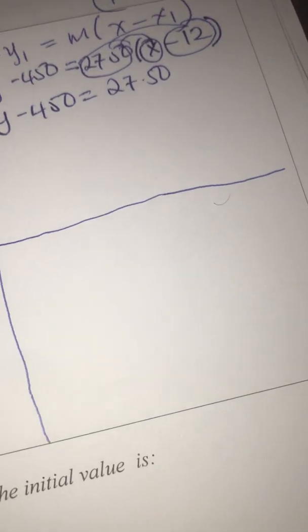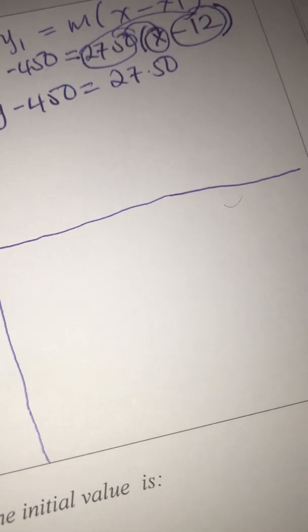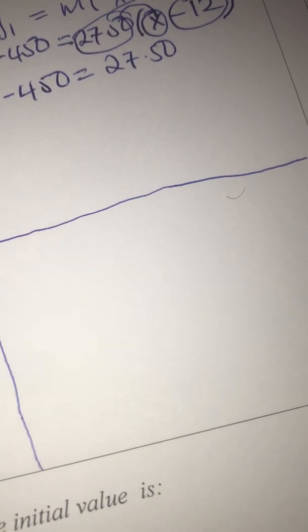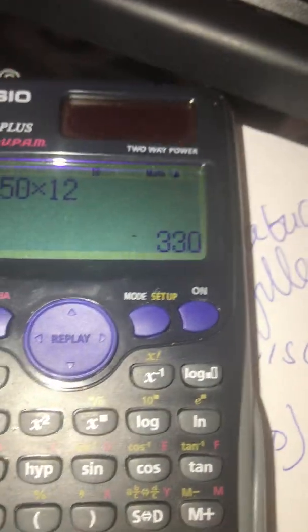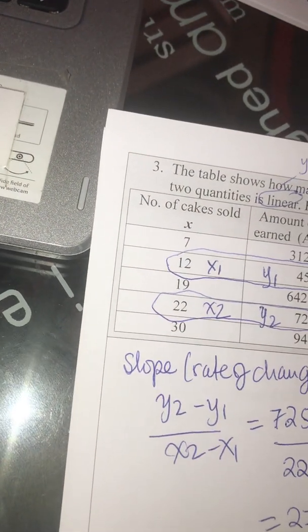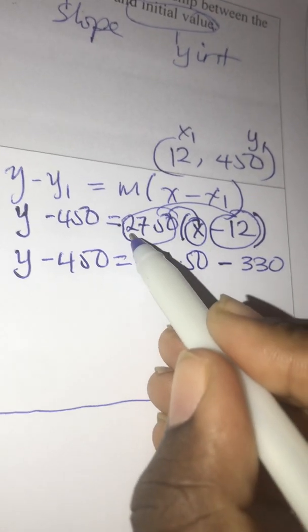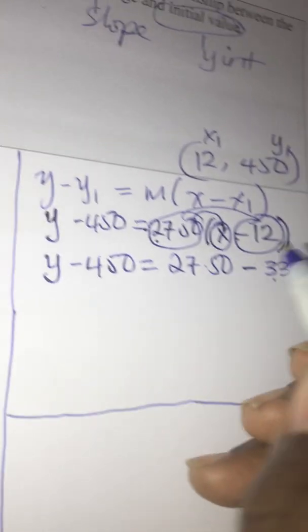So 27.50 times 12 is 330. Negative 330. Okay? Because a positive times a negative is a negative.